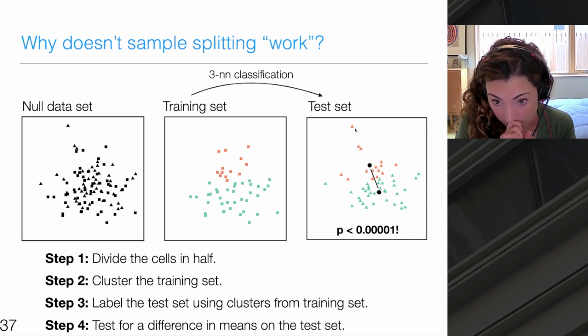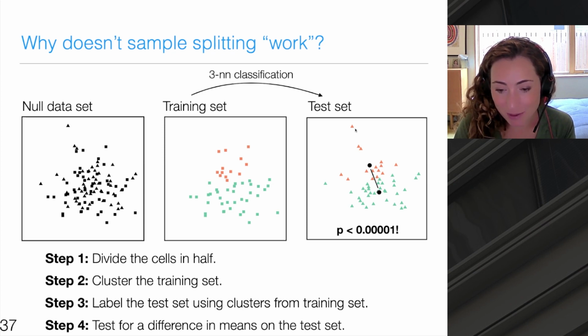So just the act of coloring my test observations used the data. I've already used the test data twice: once to color the observations orange or green, and then to test whether there's a difference between the orange and the green. So this is an example where sample splitting doesn't work.